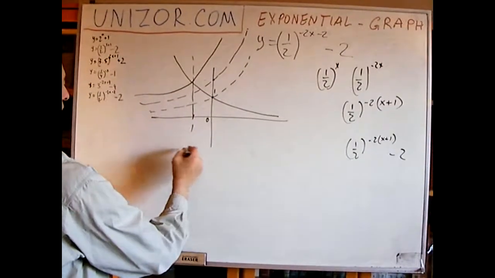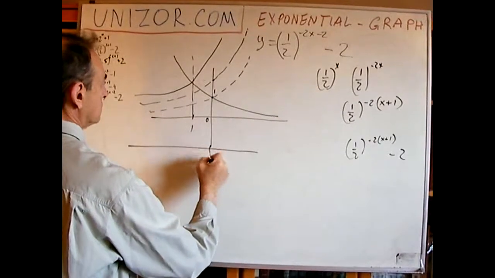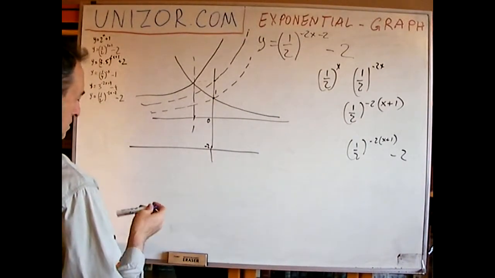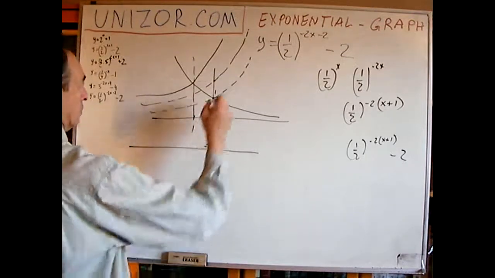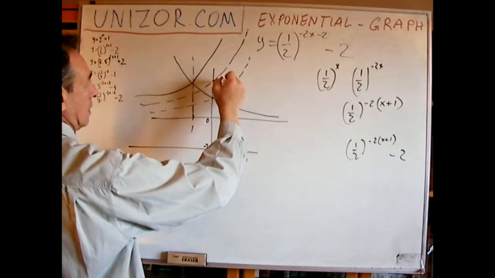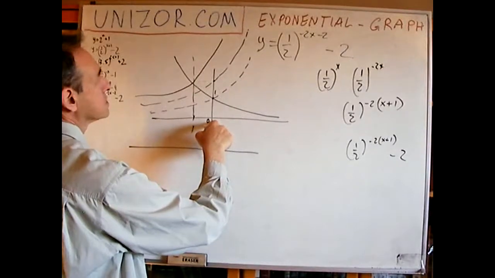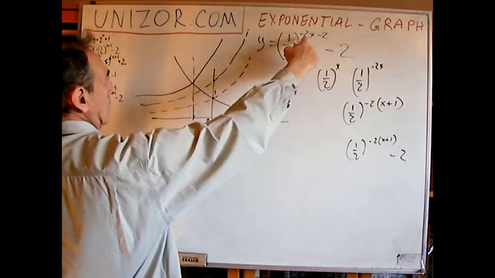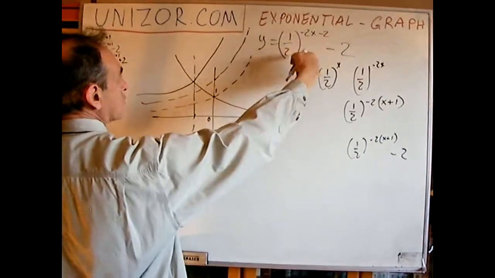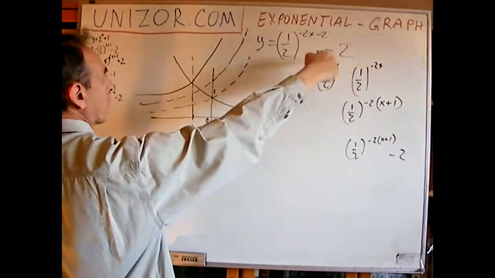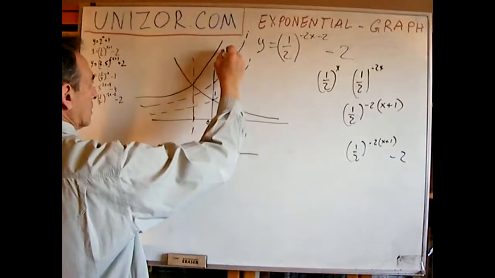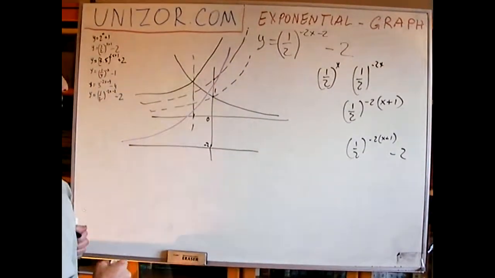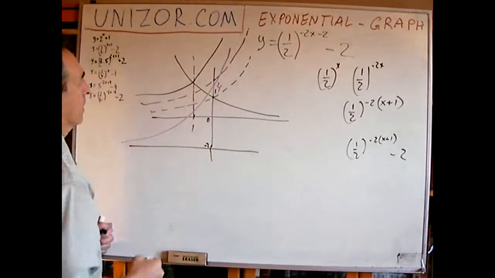So it would be something like this. And at point 0 it's equal to, reverse, it's 4 minus 2, 2, so it would be something like this.